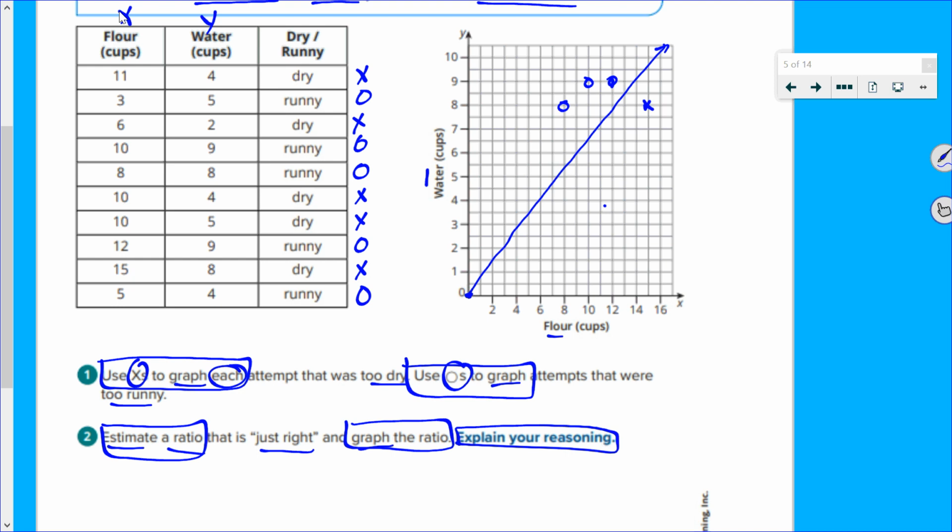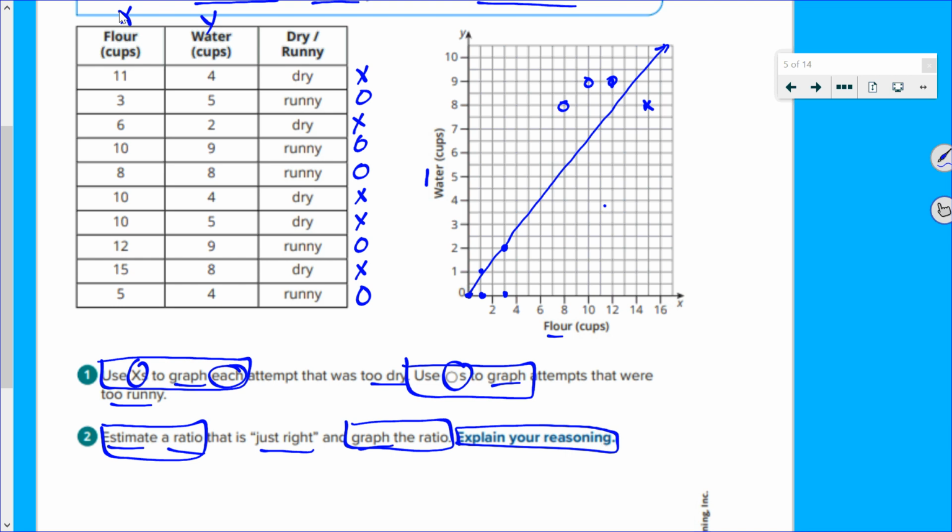So this line that I gave you is going up about what? For every 1 cup of flour, there's using a little less than 1. So where's one that would come through? There's 3 cups of flour to 2 cups of water. Looks pretty good, right?